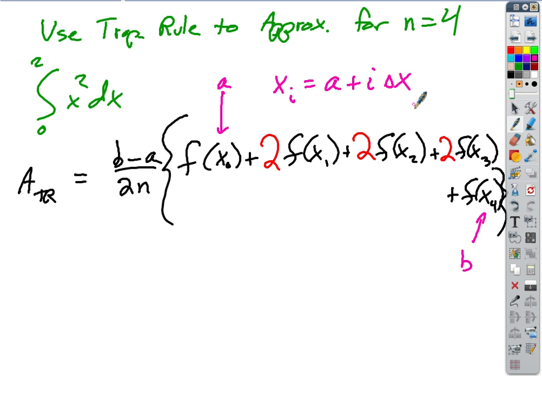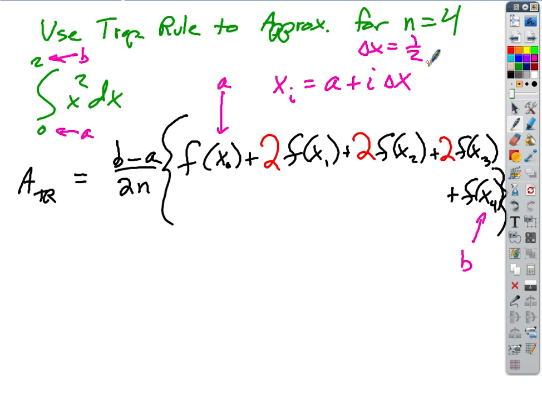Okay, so for us, if we're going from 0 to 2, the width of the interval is 2 minus 0, divided by 4 trapezoids, gives us delta x equals 2 over 4, or 1/2, right? Just like before.